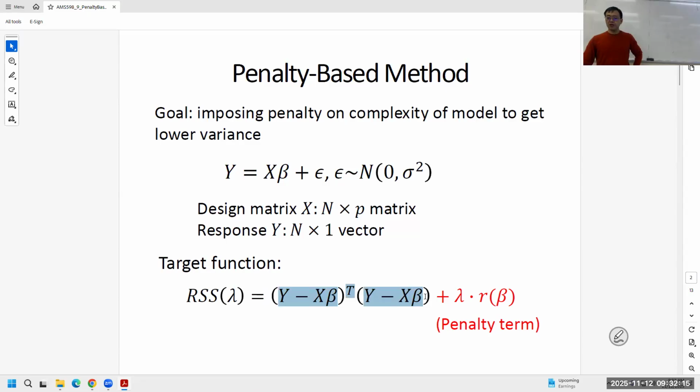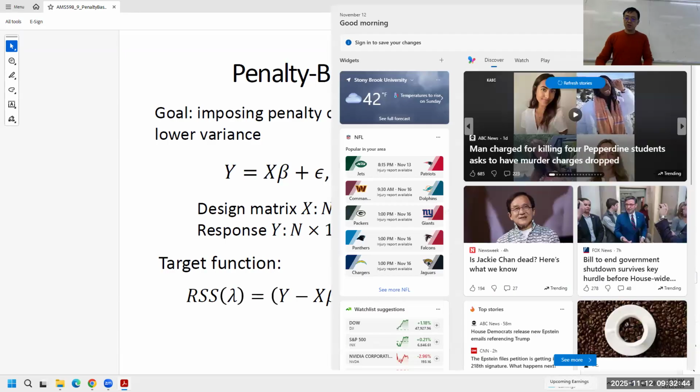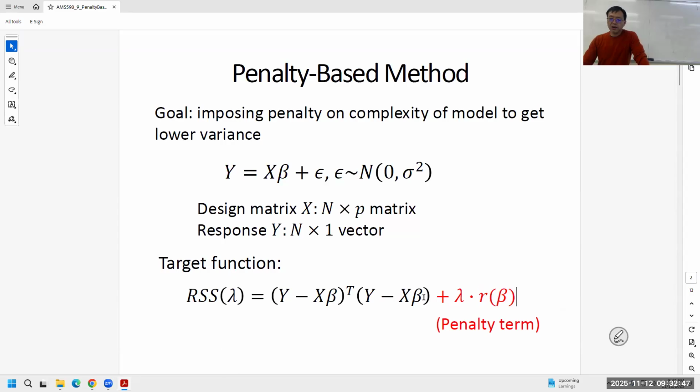Now, in addition to that objective function, we append an additional penalty, the so-called penalty term, lambda times R(beta). This lambda is bigger than 0, and R(beta) is the penalty applied to your parameters. The usual R(beta) could be the sum of the absolute values of the parameters, or the sum of the squares of the parameters. So on one hand we want to minimize our loss function.